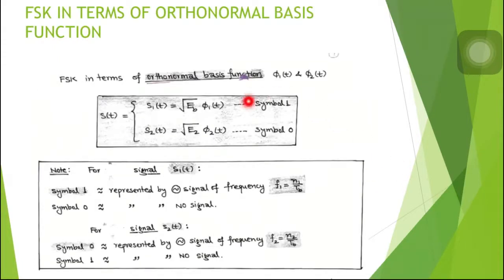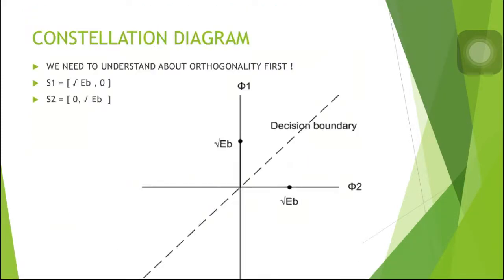Also, 1 is represented by a sinusoidal signal of frequency f1 and 0 by frequency f2. We also studied the constellation diagram, and this is the decision line, the boundary, with phi 2 and phi 1 axes.